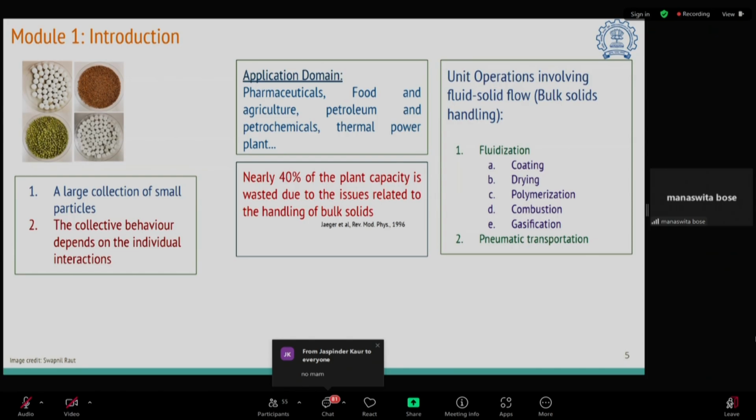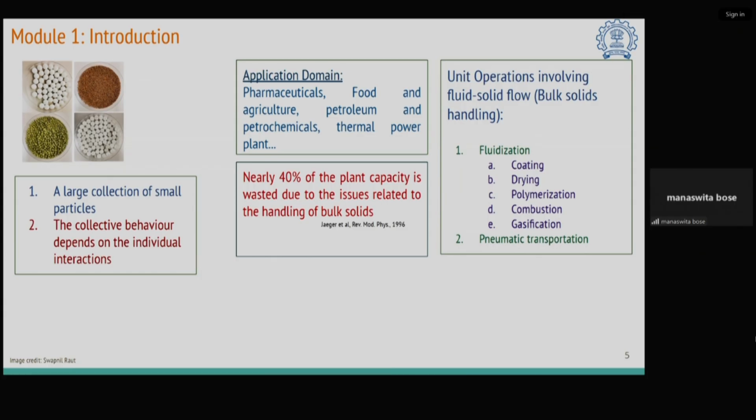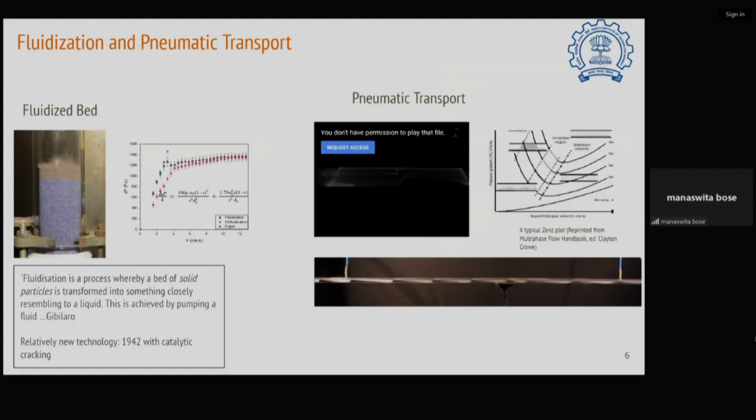Okay. Now, unit operations involving the bulk solid flow, I have picked up two examples which are very widely used. One is fluidization and another is pneumatic transportation. And fluidization itself has wide applications in coating, drying, polymerization, catalytic cracking, combustion, gasification, and many others. Okay, so keeping these applications in mind, now we move to the definition of these two systems.